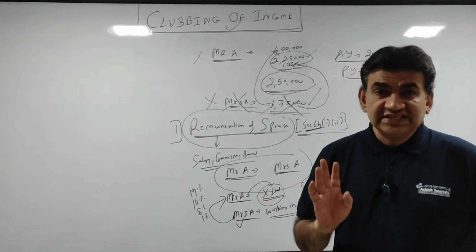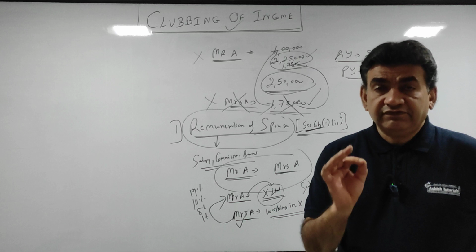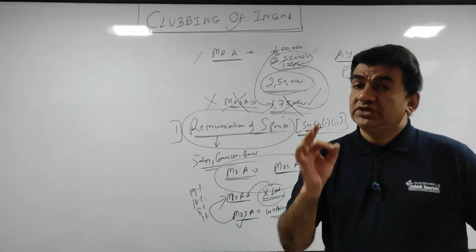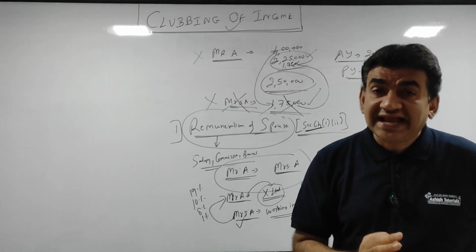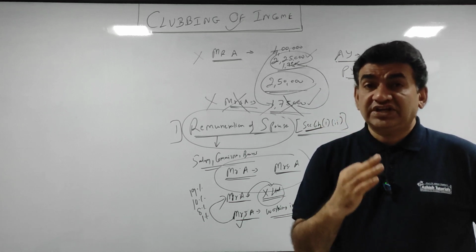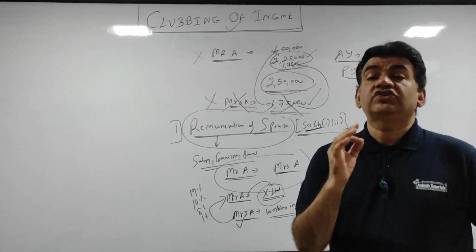So in that case, a partnership firm cannot issue shares, correct? A partnership firm cannot issue shares. So what will happen? The substantial interest will be judged from the percentage of profit sharing.